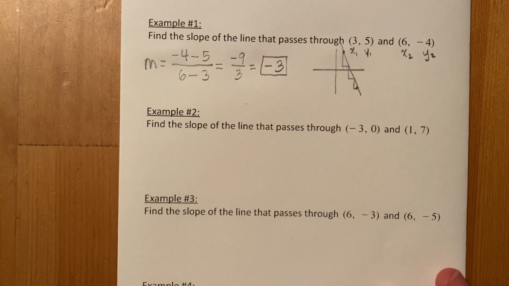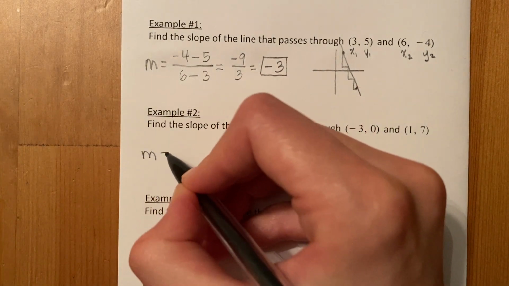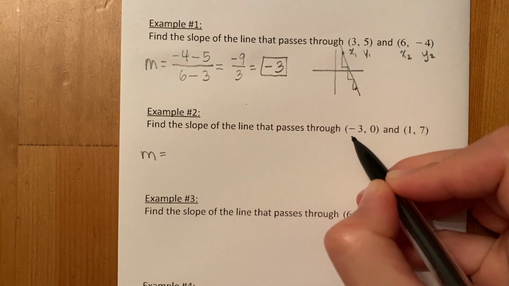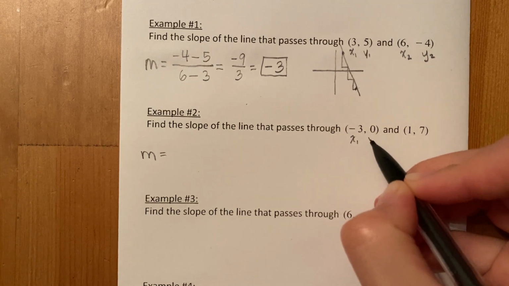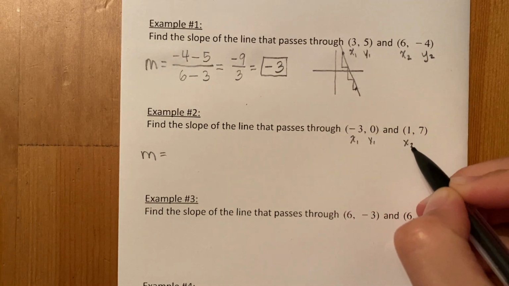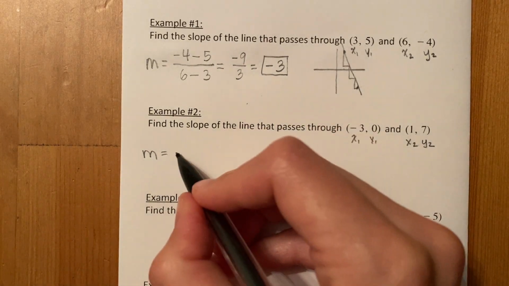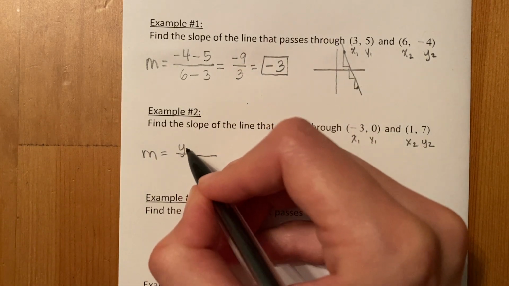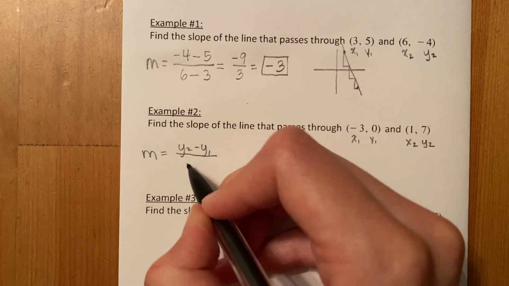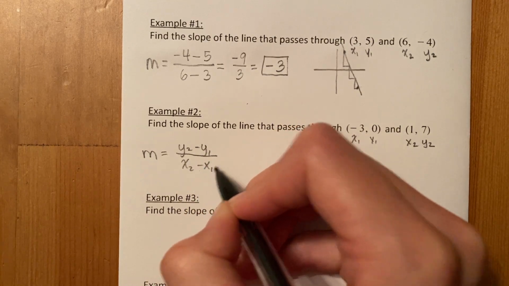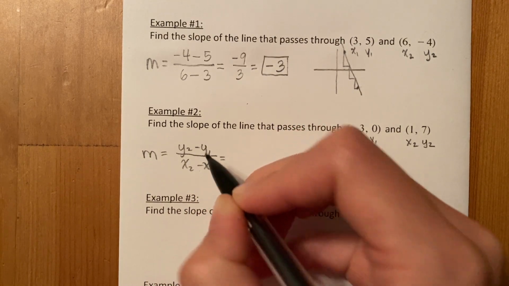All right, let's look at another example. Again, I'm going to label x1, y1, x2, y2. Now I'm going to copy the formula really quick because it's now out of my screen. So here is my formula.